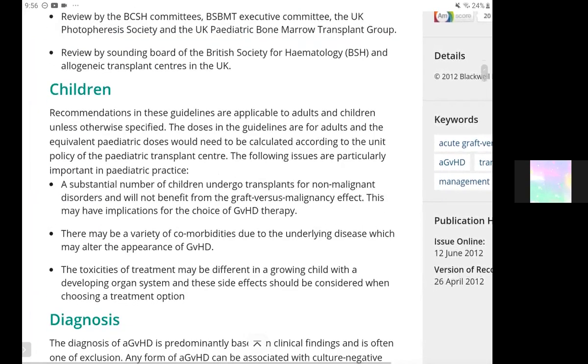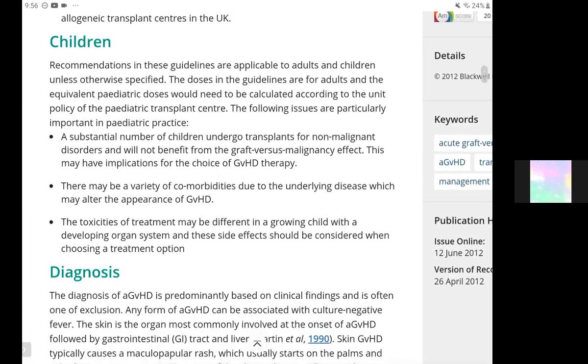With regard to children, the guidelines are applicable to both children and adults unless otherwise specified. Although there are certain conditions that are specific for children, they will highlight them as they come along.